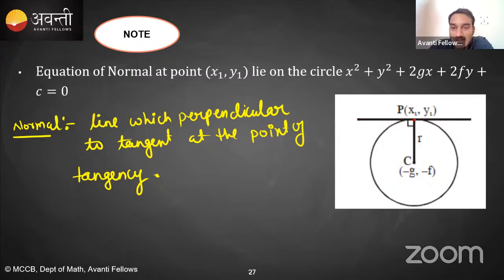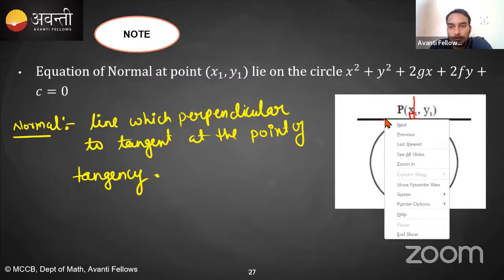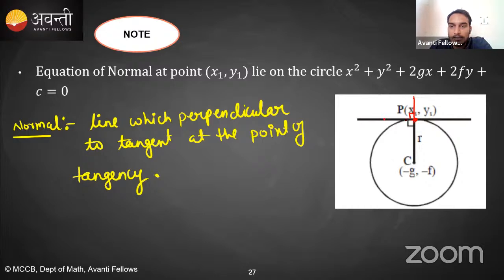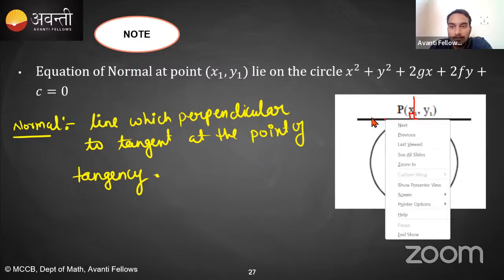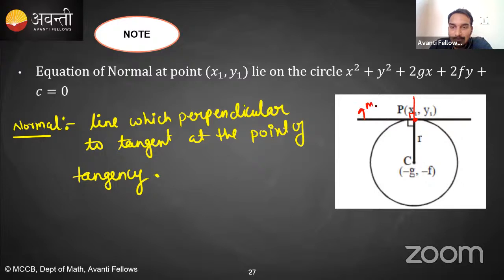First find the slope of the tangent at this point P. Then the normal is nothing but a line which is perpendicular to the tangent, and it is passing through the point of tangency also. So the slope of the tangent is known. Let's say the slope of tangent is mt. So what would be the slope of normal? Slope of normal would be the negative reciprocal of the slope of tangent only, right?